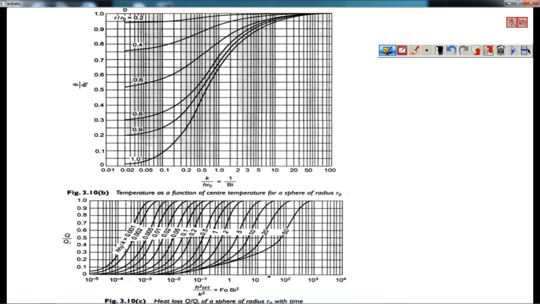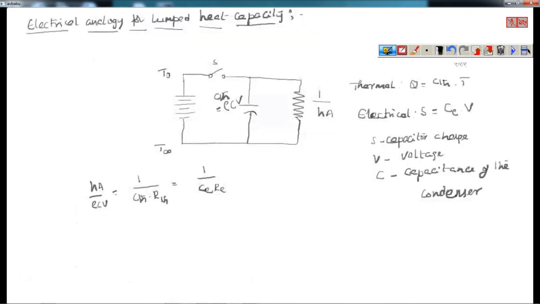The topic is the electrical analogy for lumped heat capacity analysis. When we talk about the electrical analogy for lumped heat analysis, we take negligible internal resistance. When we take negligible internal resistance, the lumped heat capacity system is almost analogous to an electrical circuit. What it means is, suppose I close this switch, now what will happen?